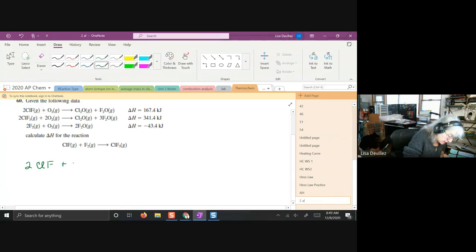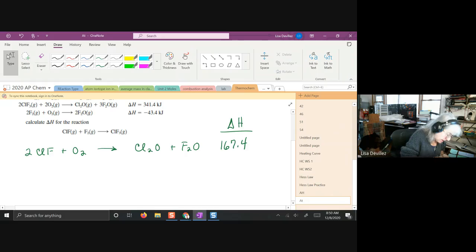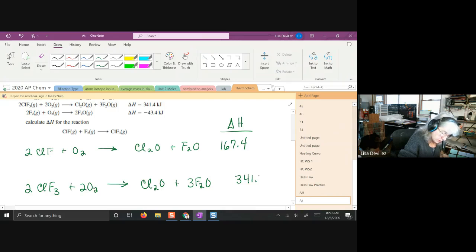2ClF + O2 → Cl2O + F2O, my delta H is 167.4. Then 2ClF3 + 2O2 → Cl2O + 3F2O, and that's 341.4.